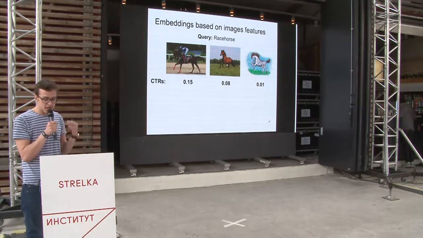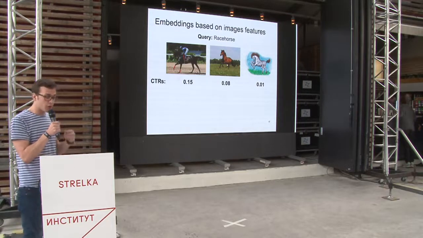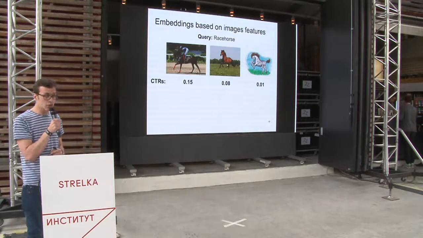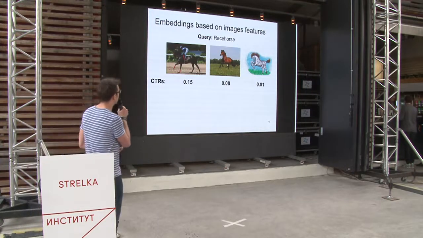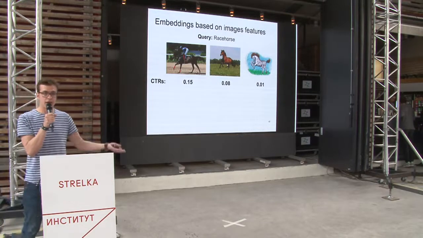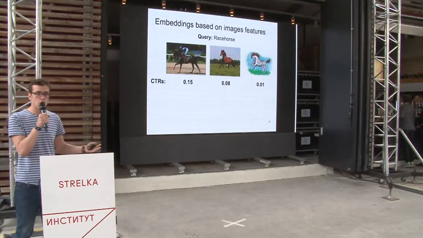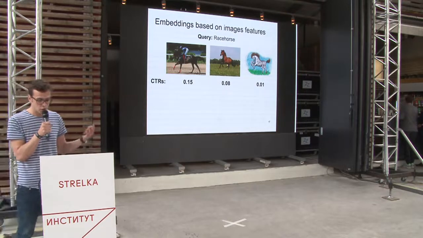We can take the entire click history, and for each pair of request and image, calculate the so-called CTR. CTR is basically the ratio between the number of clicks on this image and the number of times that this image was shown in response to a particular query.